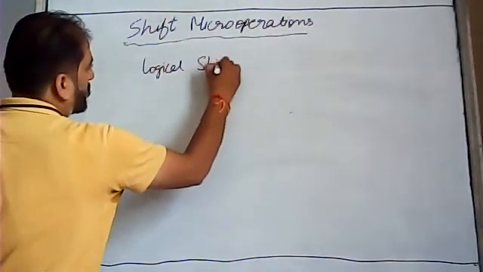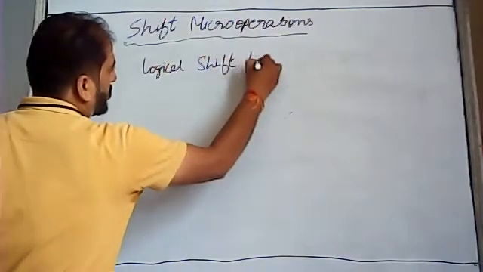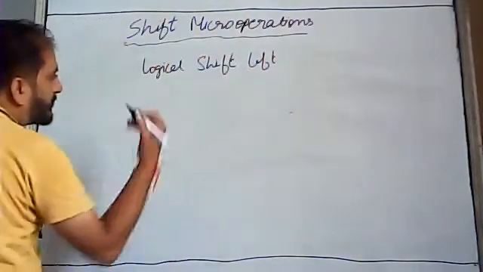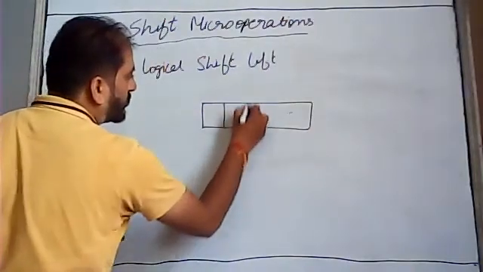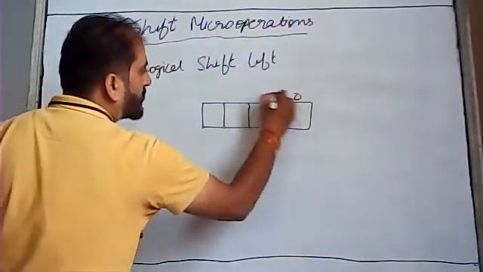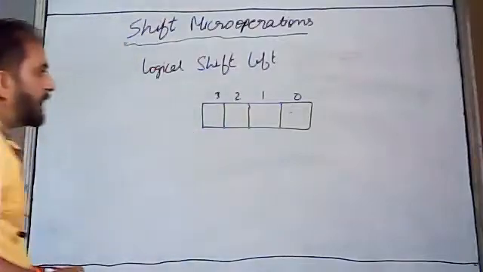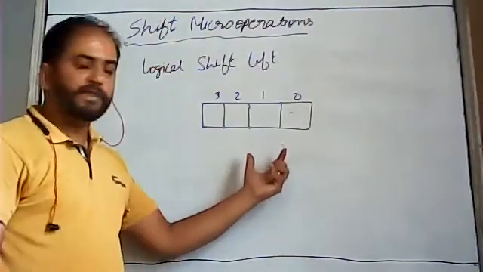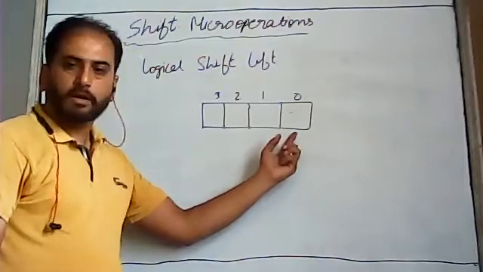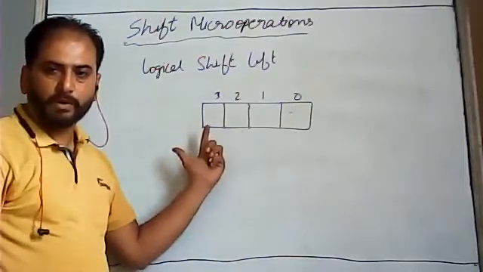Logical shift left. Again, let us suppose we have a register of 4 bits, numbered 0, 1, 2, and 3. Now we want to shift the bits from right to left by 1 bit.